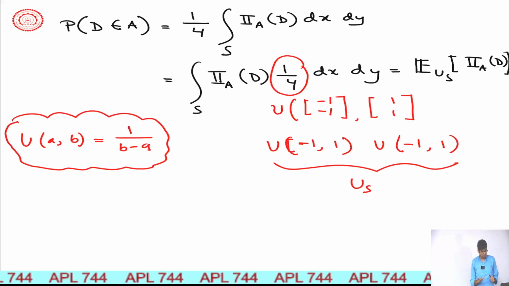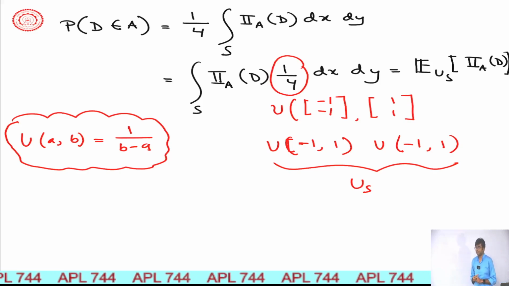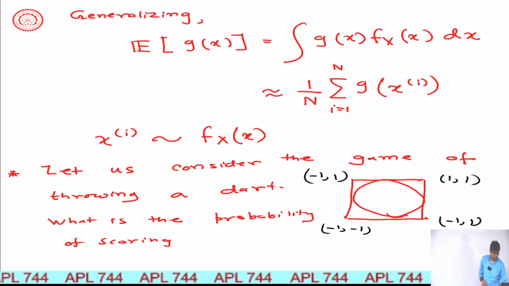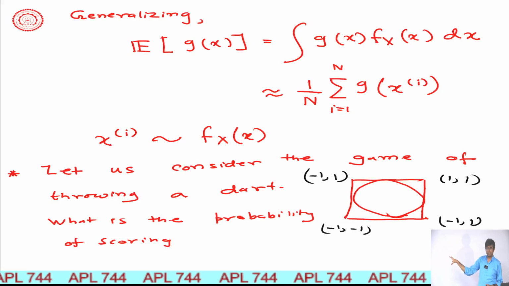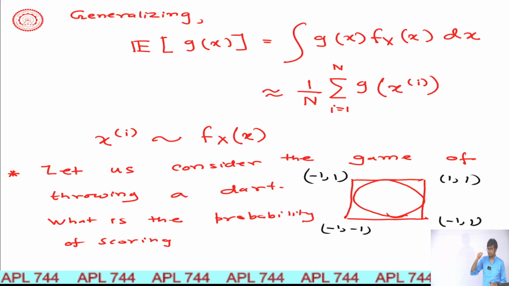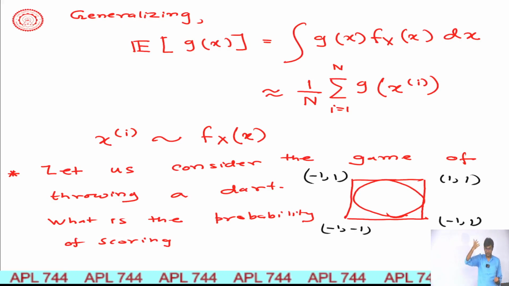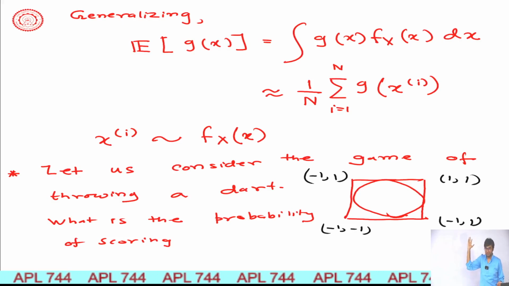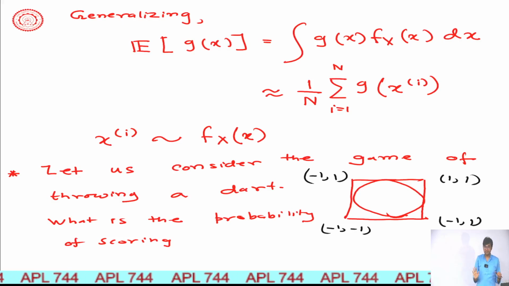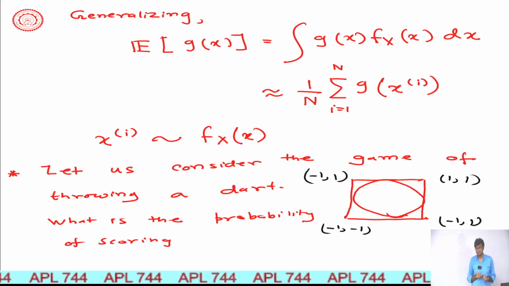Now let us do one small thing. We'll again come back to this, but let us now give you another scenario. It is the same dart throwing example, but now I am also giving you some information: suppose you have thrown the dart n number of times, and out of those n, k times you have hit the circle.